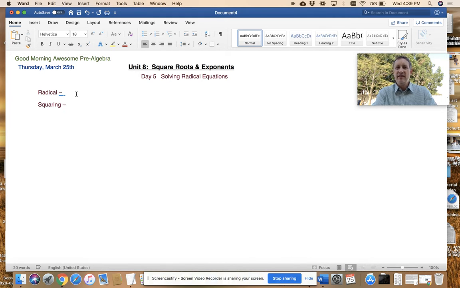What does radical mean? That's just another word for square root. And square root just means undoing a square power. Undoing a power or an exponent.